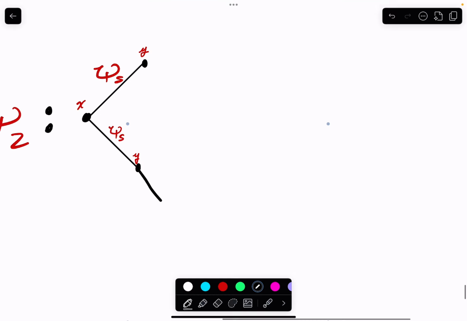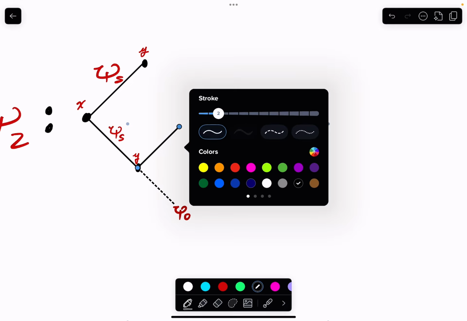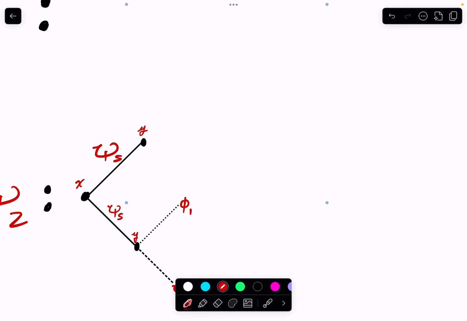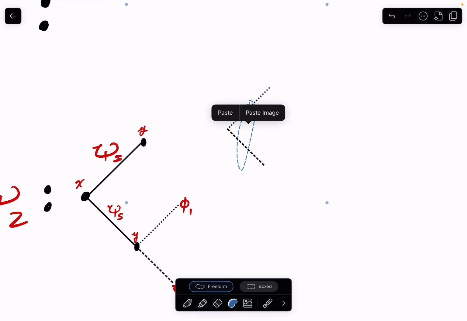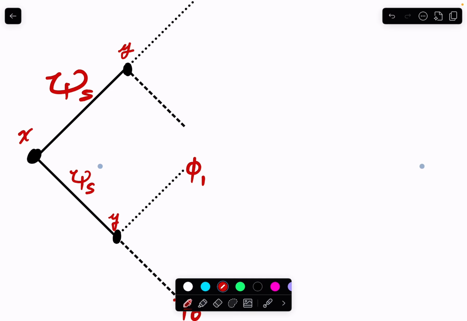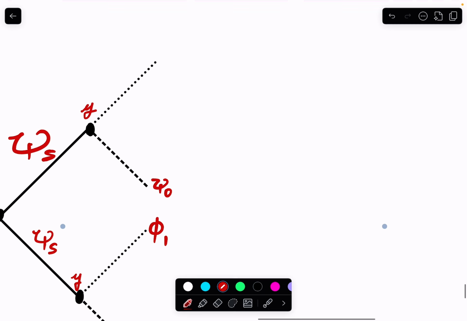So we end up with this, where this is C naught. There we go. And this one right here is phi one. And here we have that this is C naught. And this one is phi one.